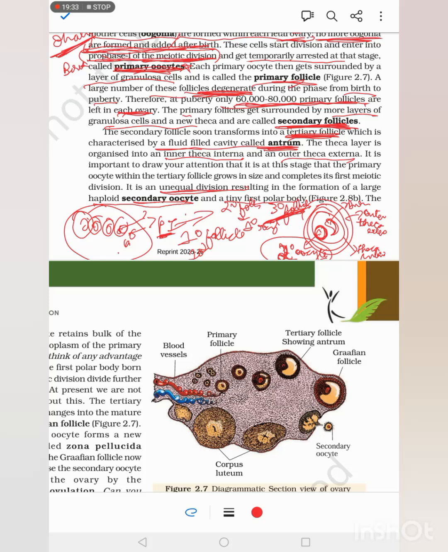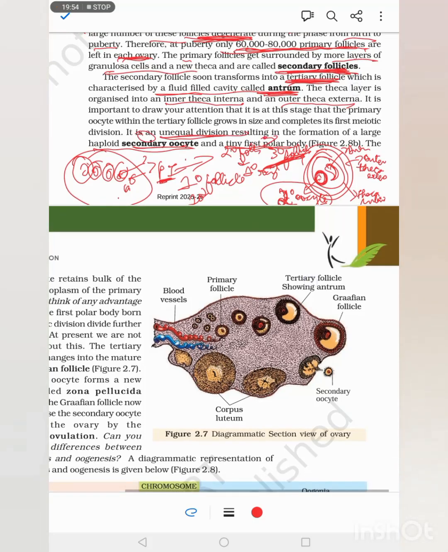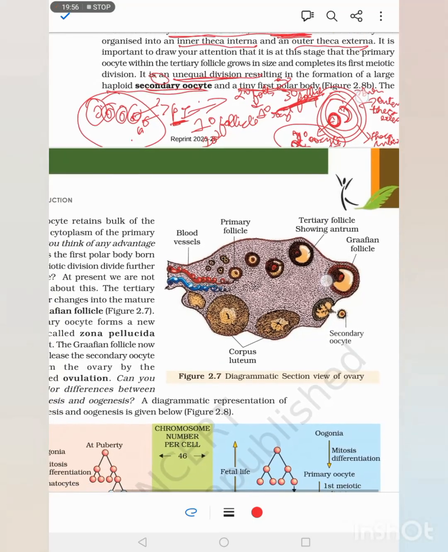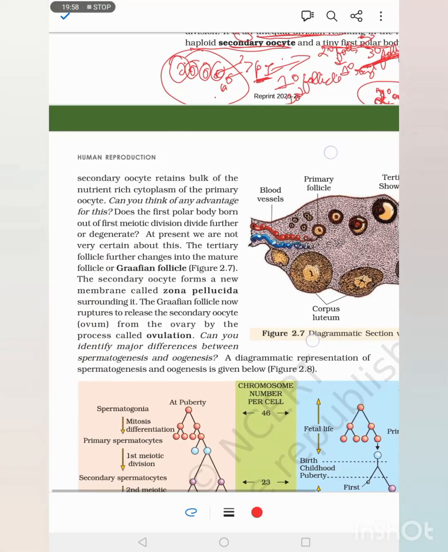To produce an ovum, there must be an unequal division, so that more nutrition and more cytoplasm go into one single cell, and the other cell has very little or negligible cytoplasm, so that it does not divide further. So it forms a big secondary oocyte by unequal division, completing meiosis 1.